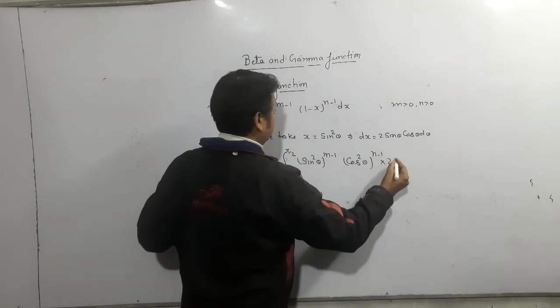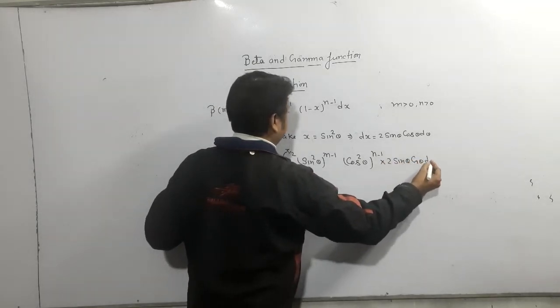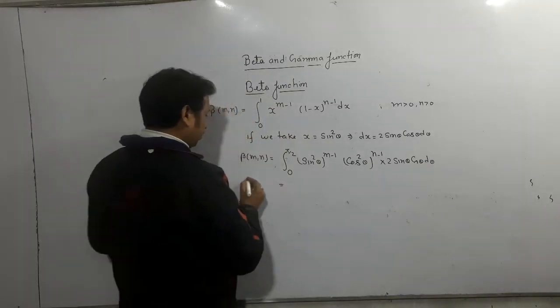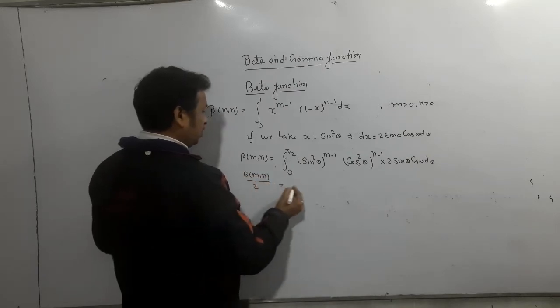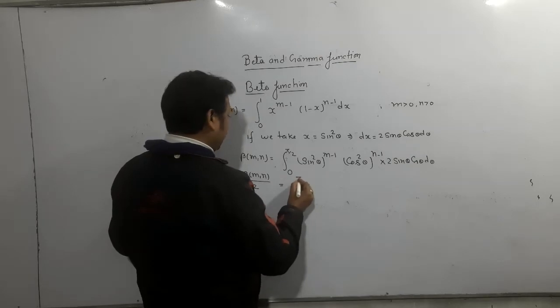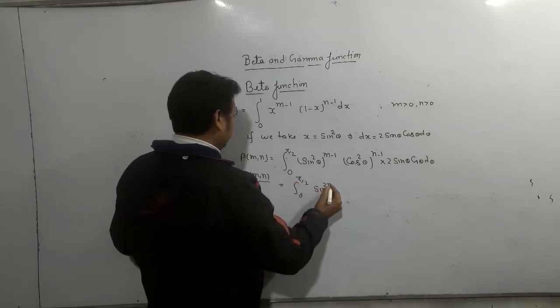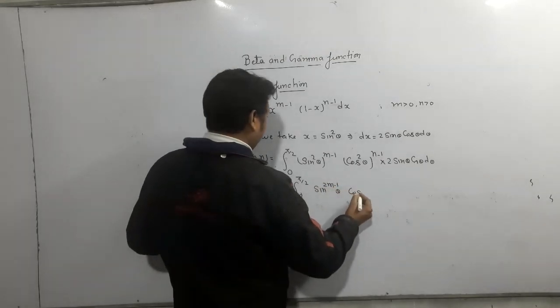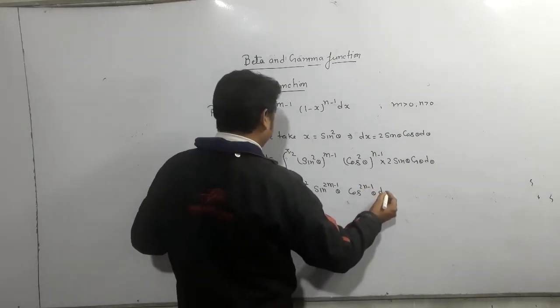And dx is 2 sine theta cos theta d theta. So, taking the 2 to this side, beta m comma n divided by 2 is equal to the integral from 0 to pi by 2 of sine to the power 2m minus 1 theta into cos to the power 2n minus 1 theta d theta.